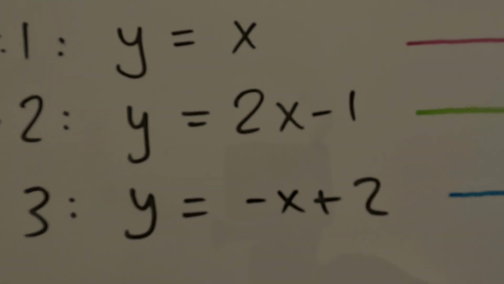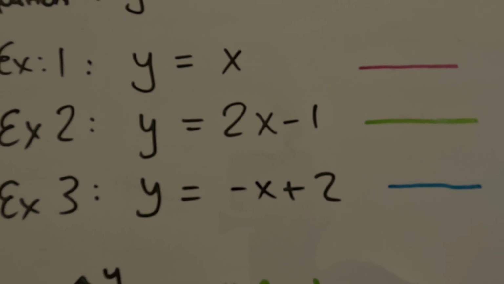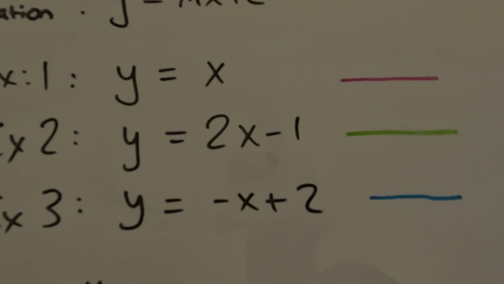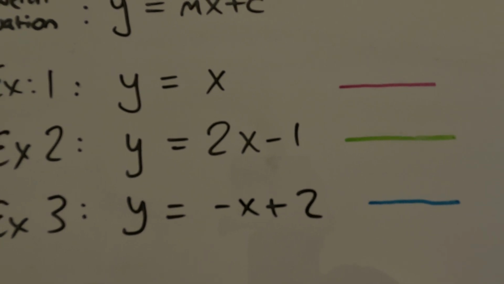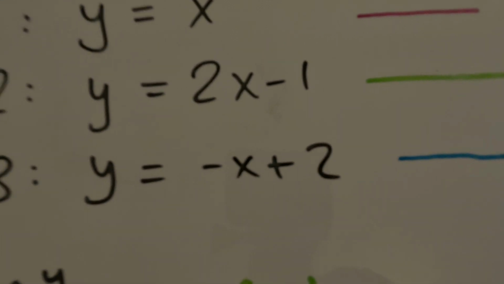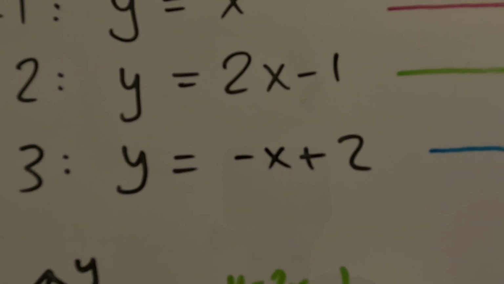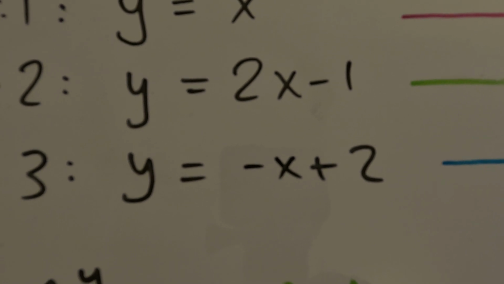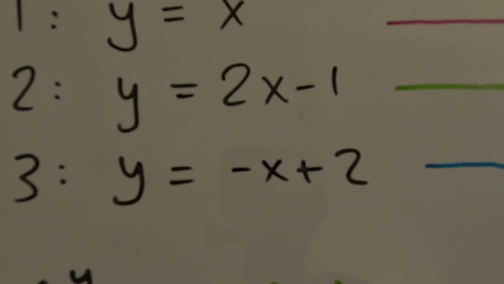In example 2, if you let y equal 0, then 2x minus 1 is equal to 0, so 2x equals 1, so x equals a half. So that's our x-intercept. And finally, minus x plus 2 equals 0. So you just take the minus x to the left-hand side, so that means x is 2.